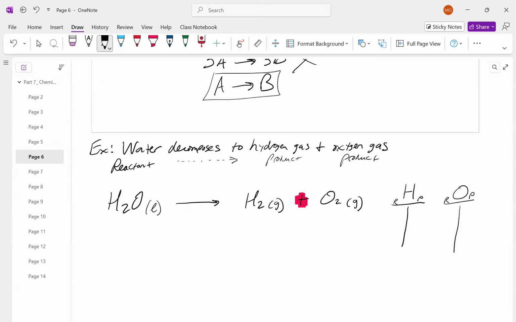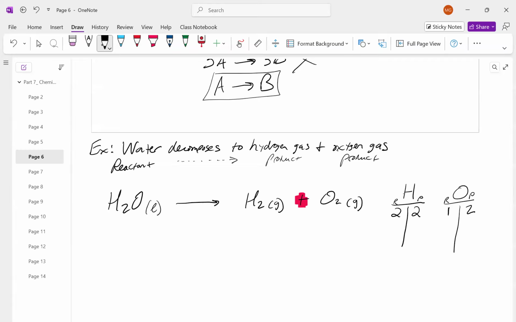On the reactant side, I have two hydrogens, and on the product side, I have two hydrogens. Okay, great, hydrogens are balanced. But for oxygen, I have one oxygen on the reactant side and two on the product side. So this equation is not balanced.